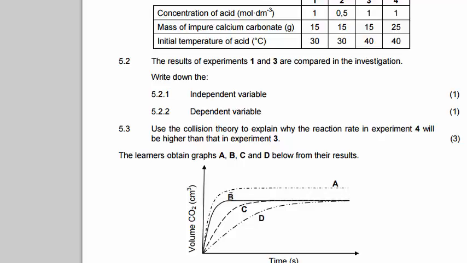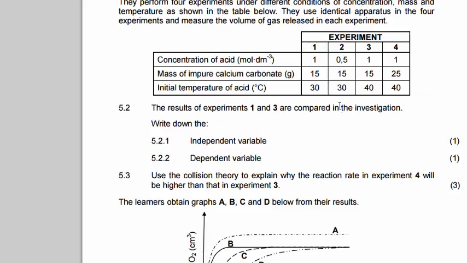Now it's between B and C. Which one will go to 1? So we're left with experiment 1 and 3. Between experiment 1 and 3, which experiment will have the highest reaction rate?